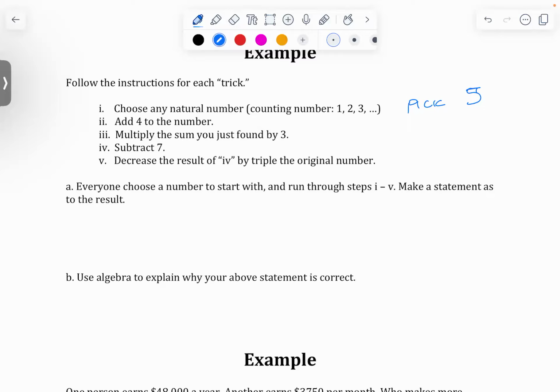Now, this works with any number. I was just trying to pick a number that's not here. So I picked 5. Then I'm going to add 4 to that number.